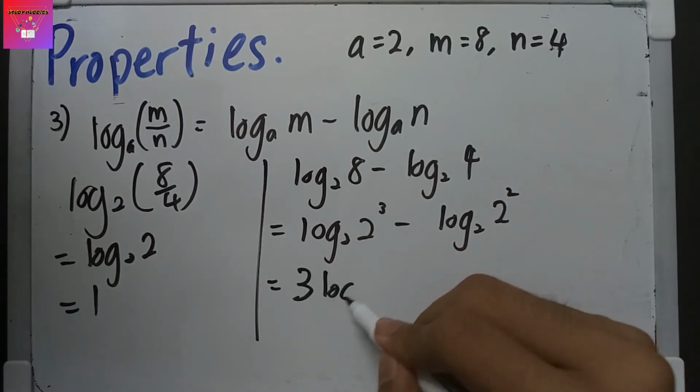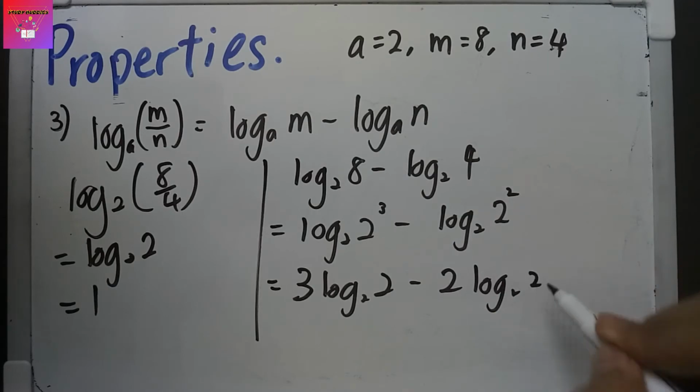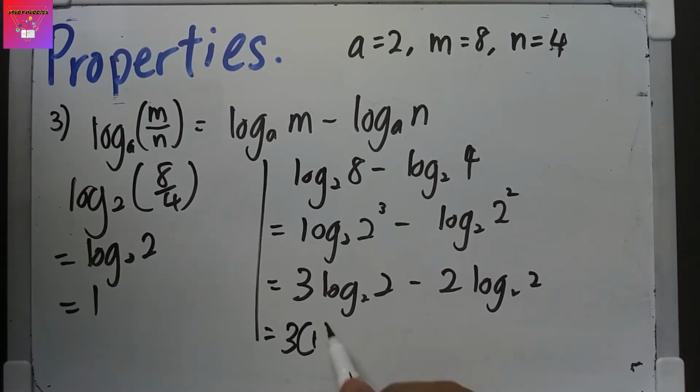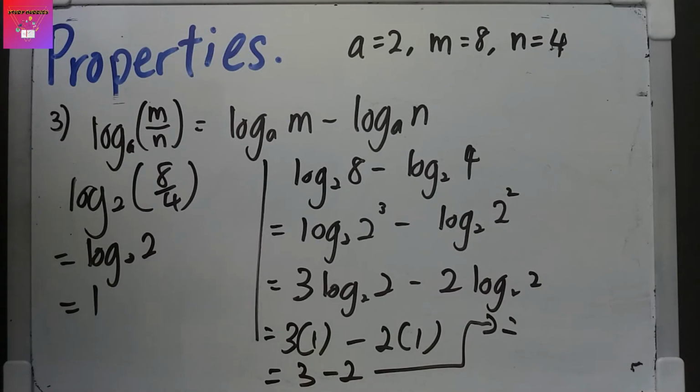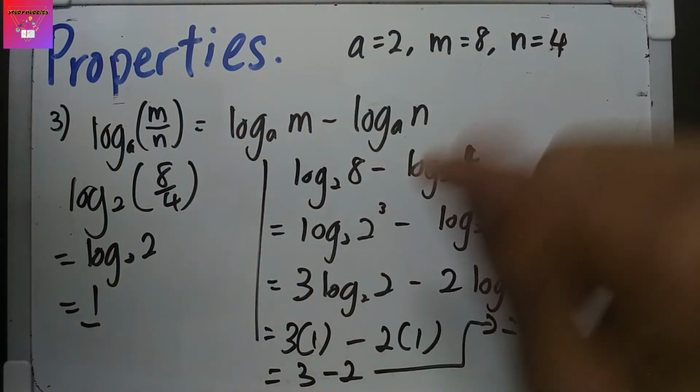So 3 log base 2 of 2 minus 2 log base 2 of 2. Since we notice that it's the same number, we can just change it to 1, where 3 minus 2 brings us to our final answer 1, which matches. So therefore whenever you see a division, you can just denote it as this format.